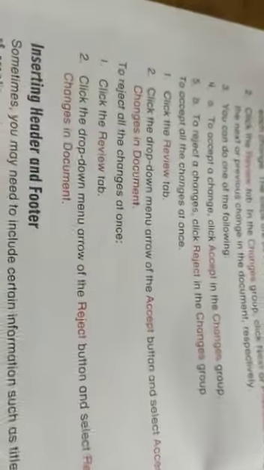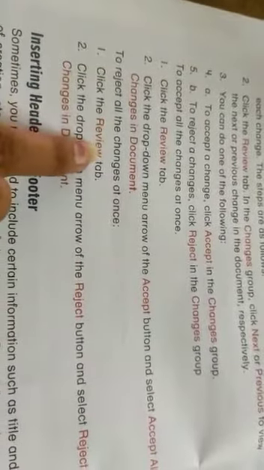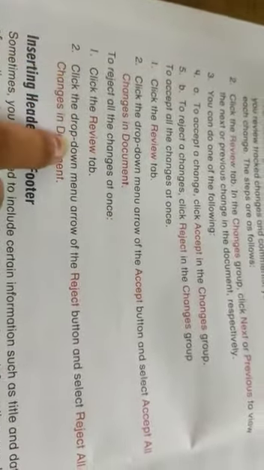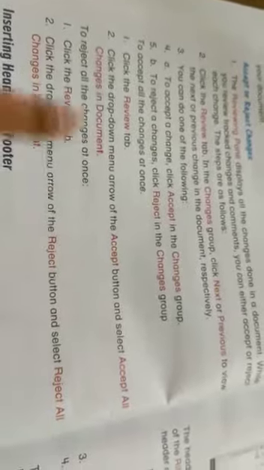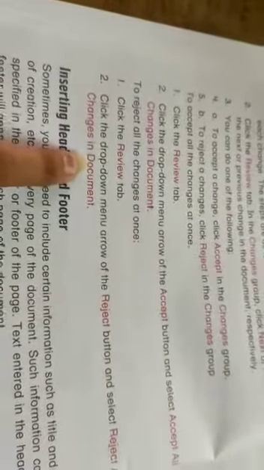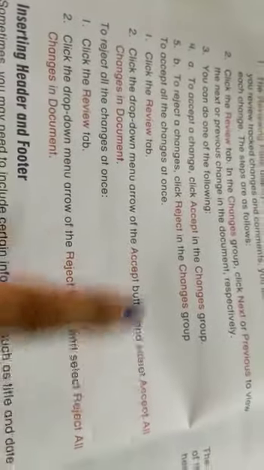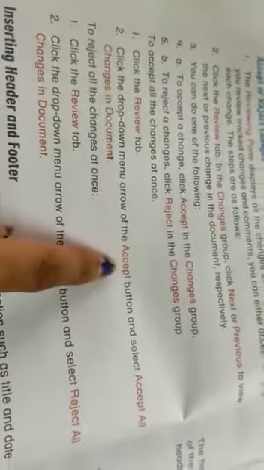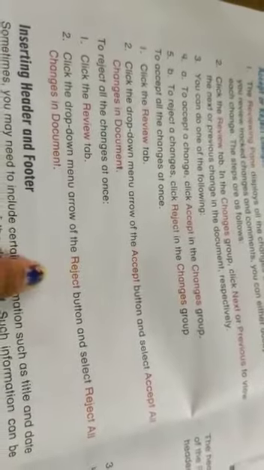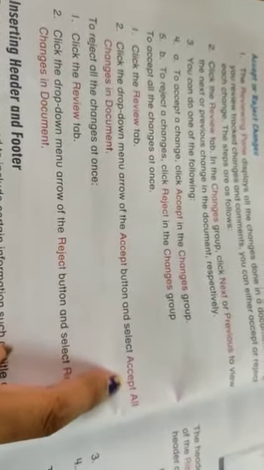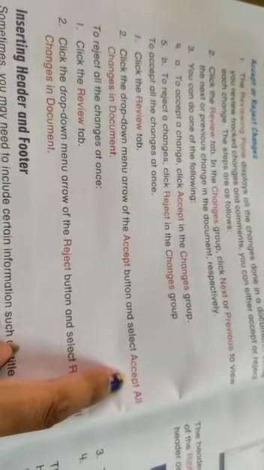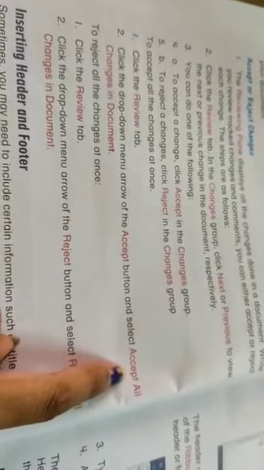To reject all changes at once, click on the Review tab. Click the drop-down menu arrow on the Reject button and select Reject All Changes in the Document. What you have seen: if you want to accept all, click on the Review tab, drag down the Accept button, you will get this Accept All button, click on it and all the changes you have done in the document will be accepted.